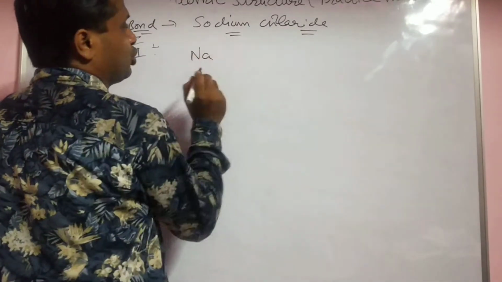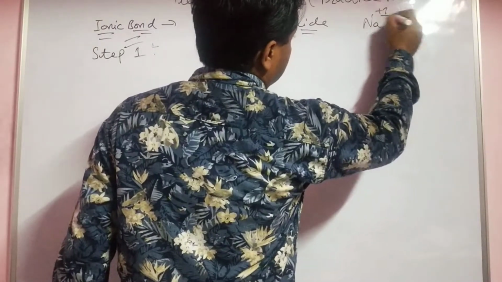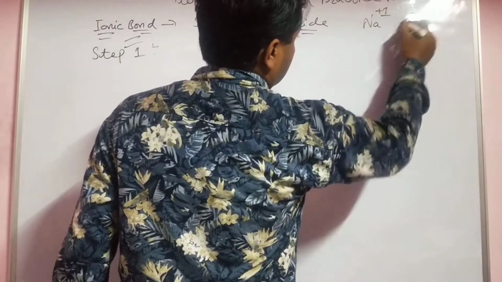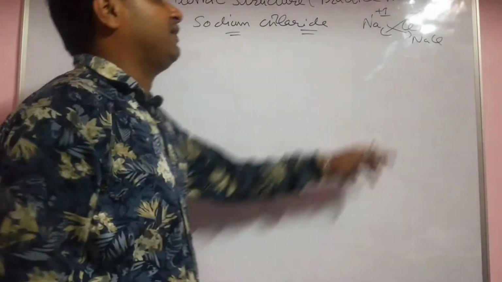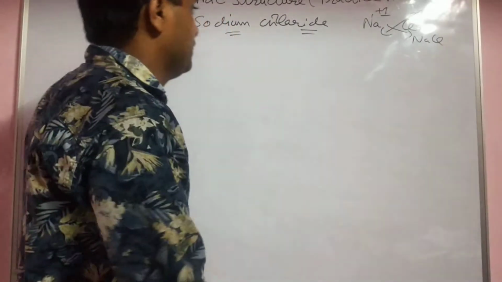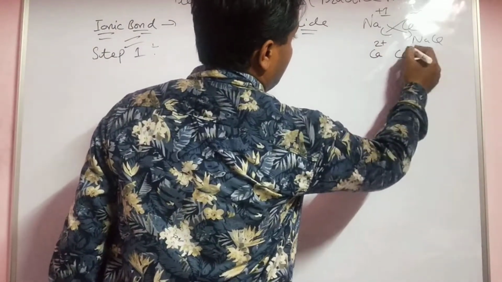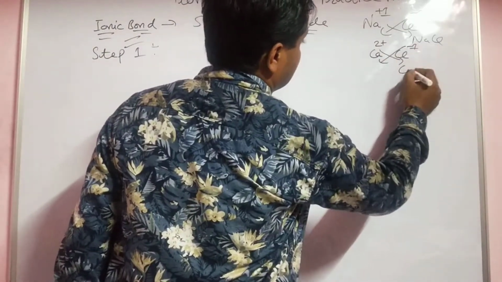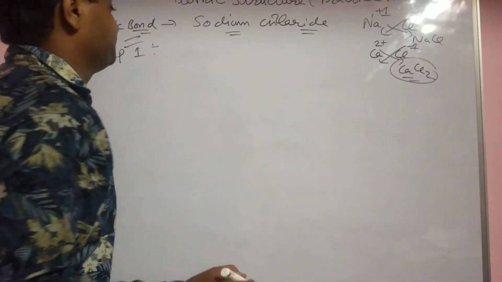You write sodium and chlorine, then use the crisscross method. That gives the NaCl formula, meaning you require one Na and one Cl. If you use, for example, calcium chloride, calcium is 2 positive, crisscross method, so for calcium chloride you want 2 chlorine and 1 calcium.